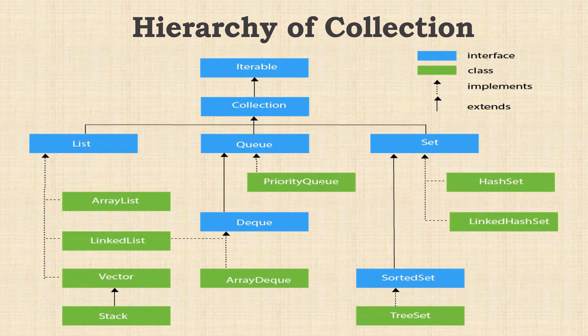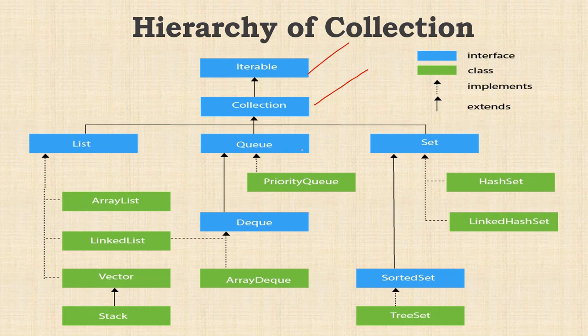In the hierarchy of collections, this is the main Iterable interface. Collection extends Iterable, and we are concentrating here on List. List implements Collection, Queue also implements Collection.